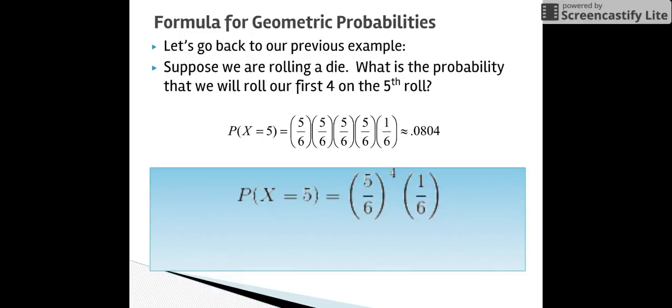Similar to what we did with the binomial distribution, we might rewrite this using exponential notation. If we take out the numbers and generalize that, the formula for the geometric distribution looks like this.